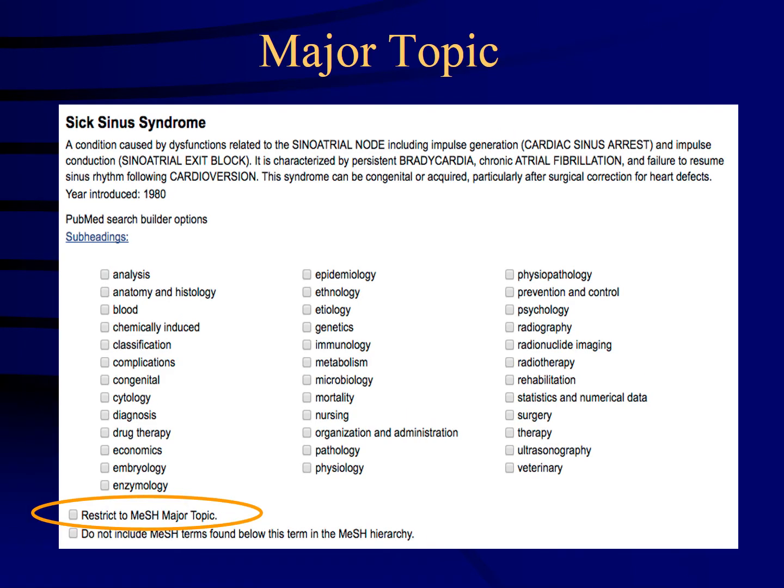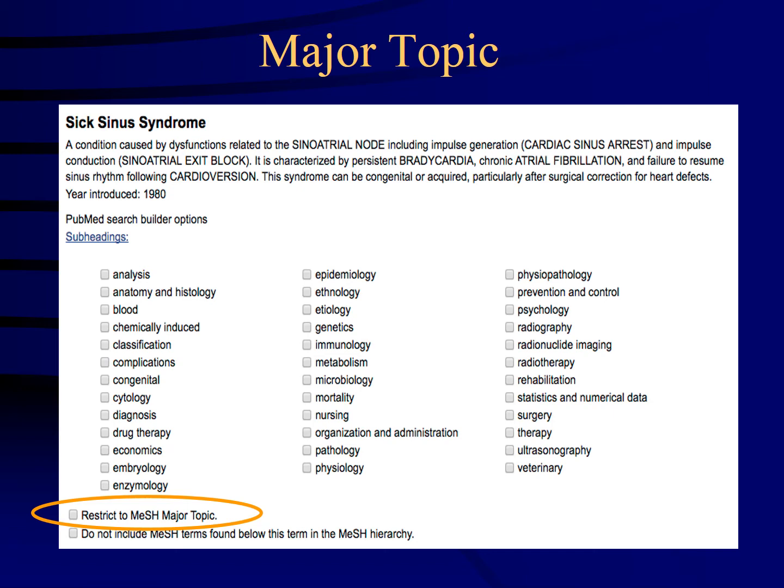At the bottom, below the subheadings, you have two choices. You can restrict this to the MeSH major topic. This means that you will create a search that only returns those records for which the subject heading is a major point of the article. You can also choose the box, do not include MeSH terms found below this term in the MeSH hierarchy.